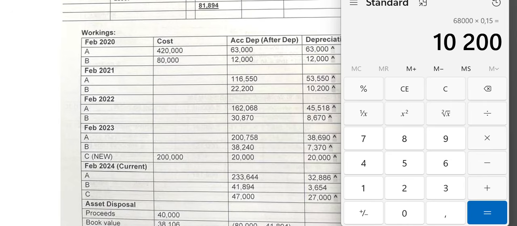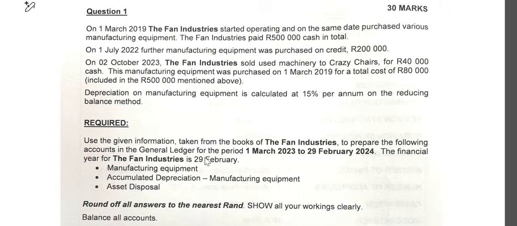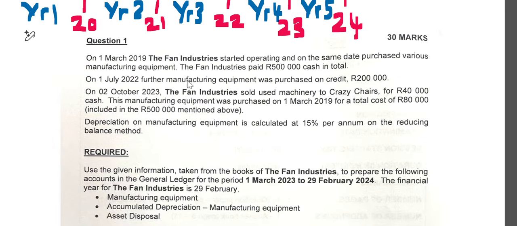Let's have a look when this new equipment was purchased. If you can't remember. Yep, on the 1st of July 2022, further manufacturing equipment was purchased on credit. Now it's the 1st of July and our financial year ends at the end of February 2023.